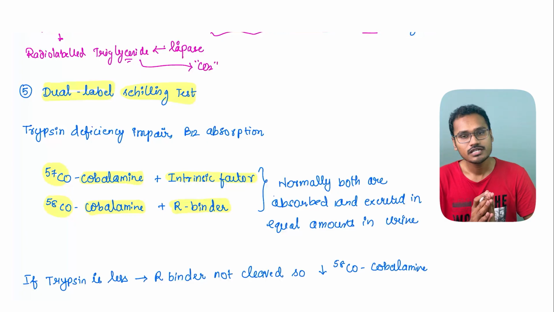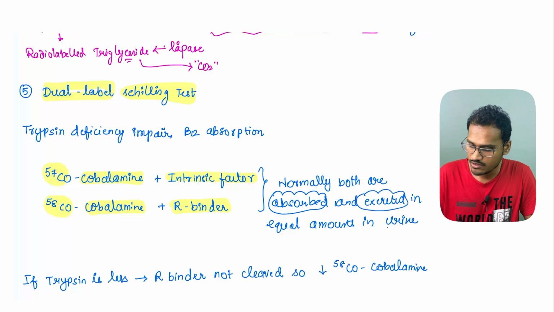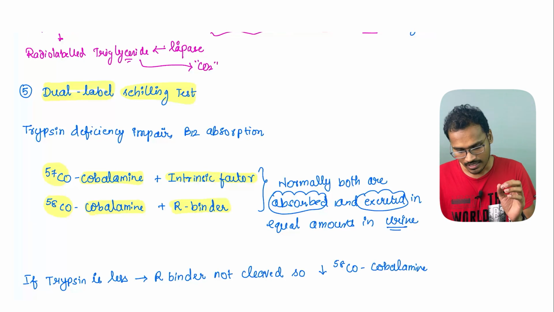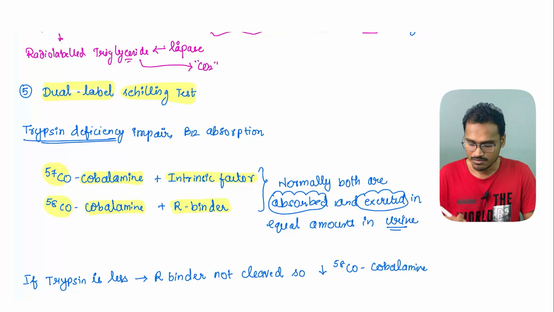So in a normal patient, if you give this, what is going to happen? Both the materials, the intrinsic factor combined one as well as the R binder combined one, will be normally absorbed and then excreted in equal amounts in the urine. So in a normal patient, both these forms can be reabsorbed. But in a patient who has trypsin deficiency, what does trypsin have to do?